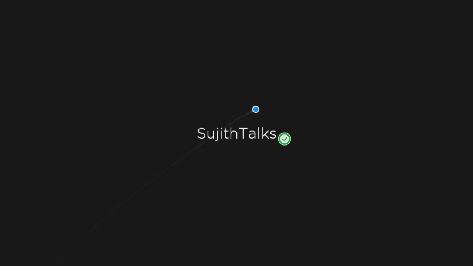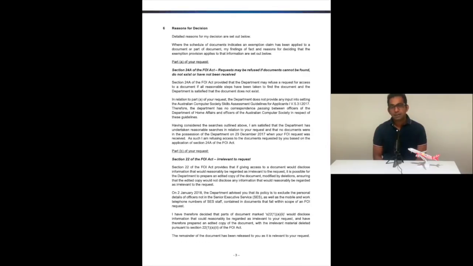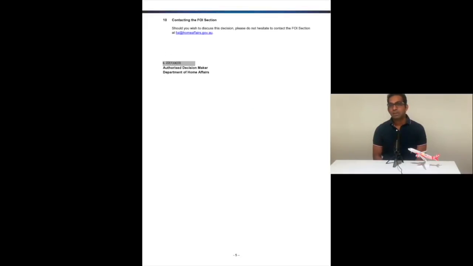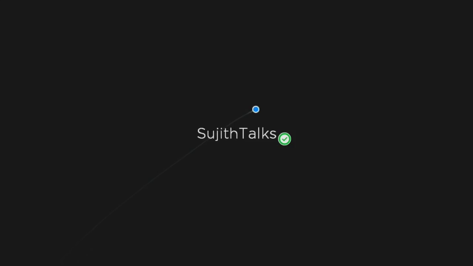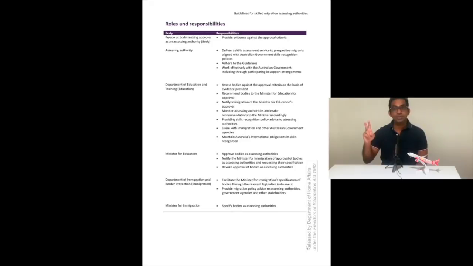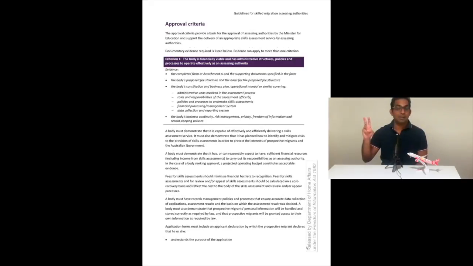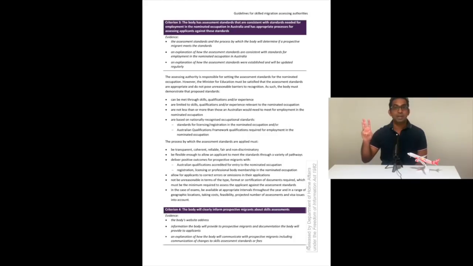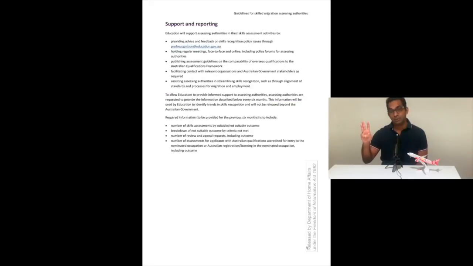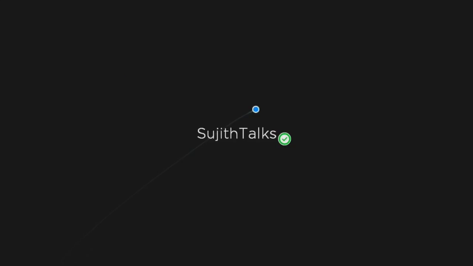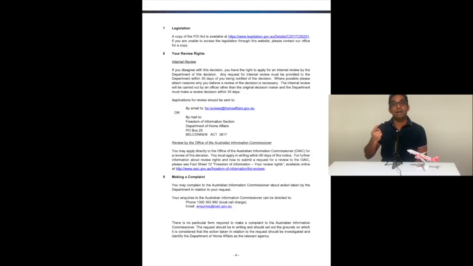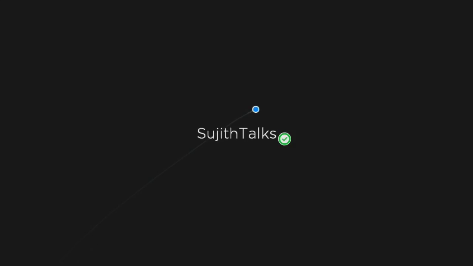Some of the guidelines that I felt interesting are about the assessment standards, about the information about skills assessments, and about the information of review and appeal process that the skills assessment body should follow. The first one that I liked from the guidelines is the assessment standards.